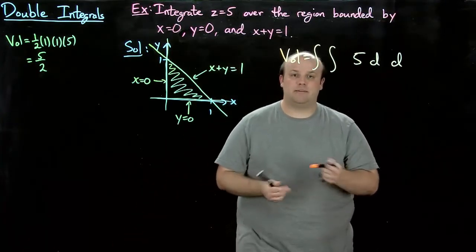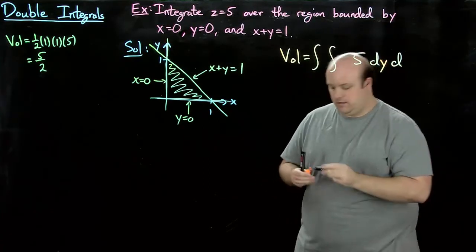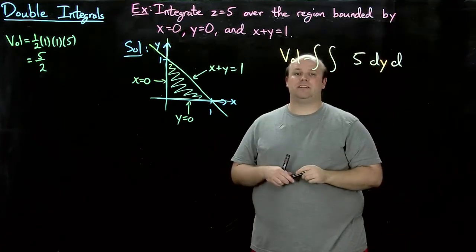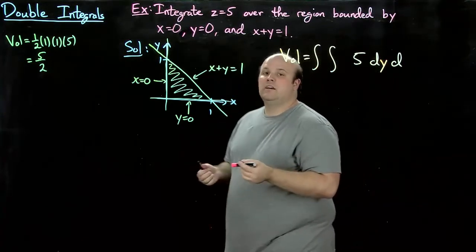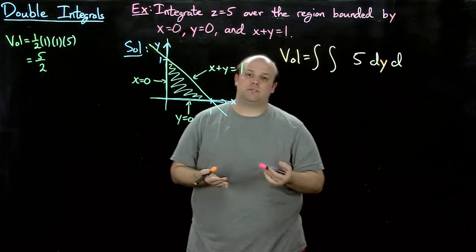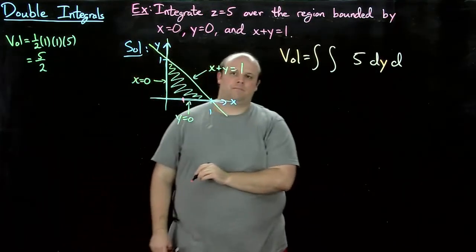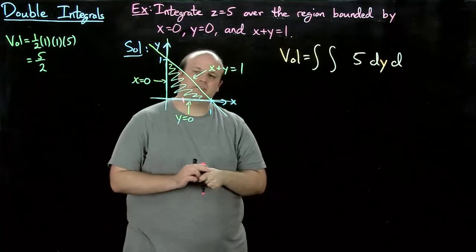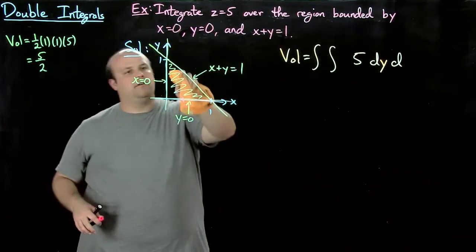So let's say we decide to do the y integral first. That means first we integrate from bottom to top, so we fix an arbitrary x value. Let's say we pick that one right there. Probably shouldn't have scribbled in this triangle, so let's clean that up.